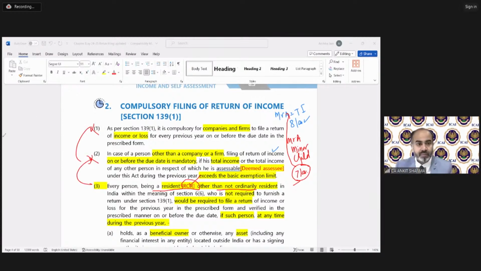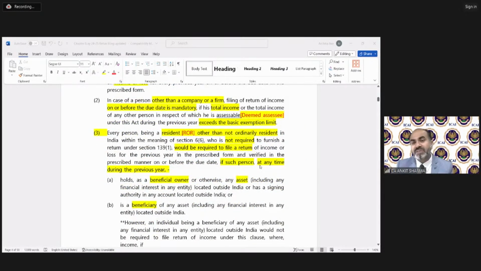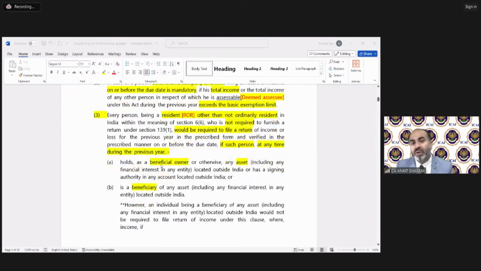But the condition says, if such person at any time during the previous year holds, as a beneficial owner, meaning real owner, any asset located outside India, or has signing authority in any account located outside India. So suppose you do not have income exceeding the basic exemption limit, but you have an asset outside India, or you maintain a bank account outside India in which you have signing authority, then you have to file an income tax return also.